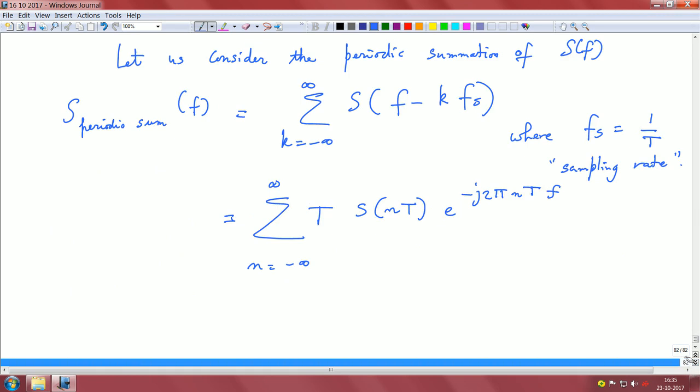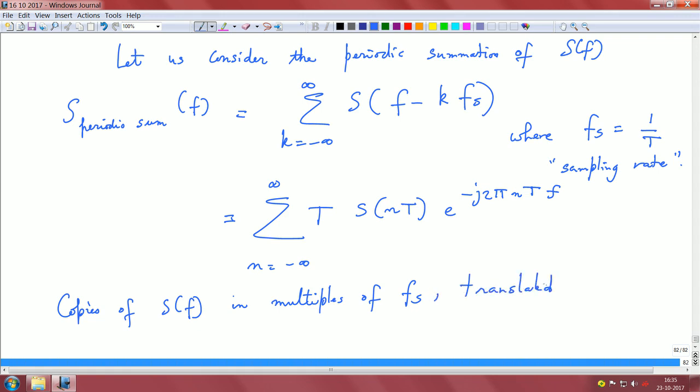So what do we see here? Basically copies of S of f, translated by multiples of Fs, are essentially added.